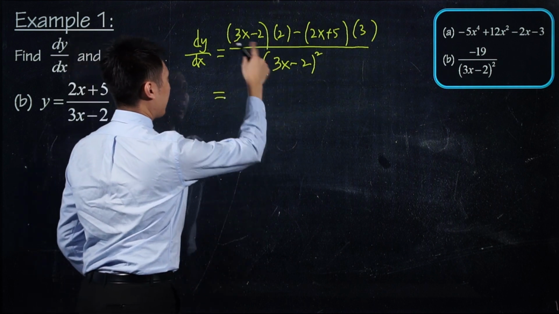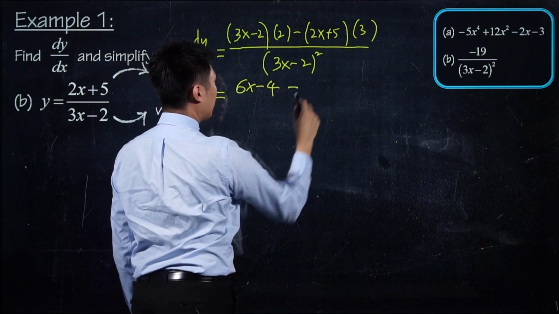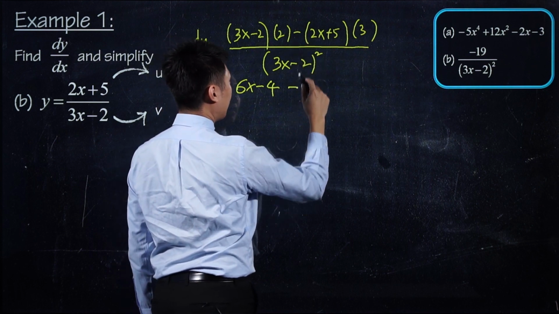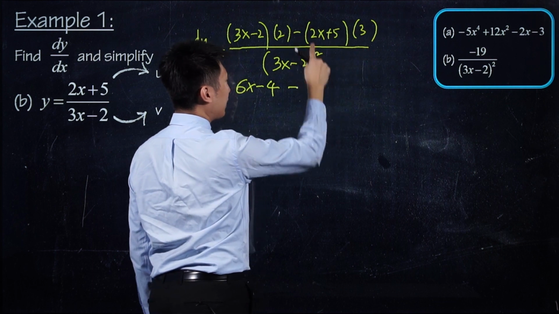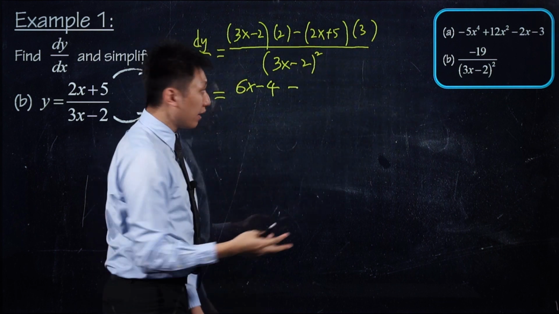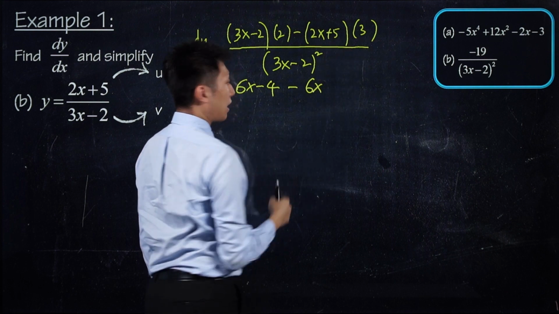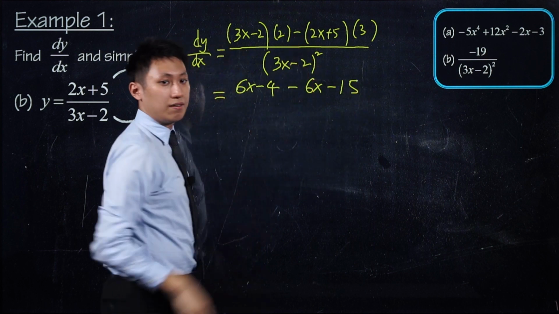Next one, I multiply it in, so I get 6x minus 4. Then minus, I think I can multiply everything here, so everything in here will be minus, correct? So 6x, so minus 6x. Then 5 times 3 is 15, so it's minus 15 because of the negative here.